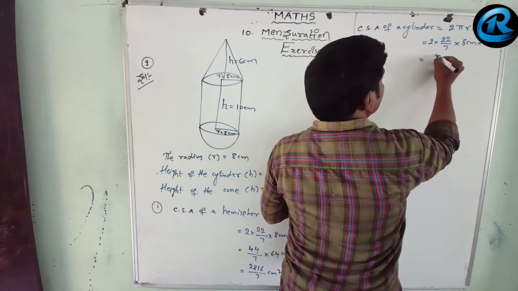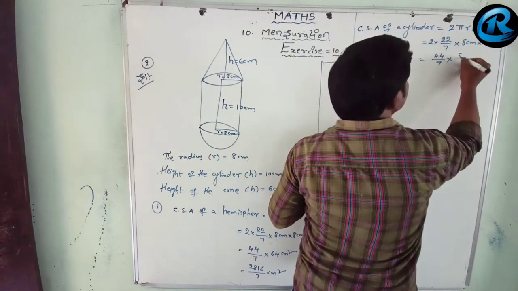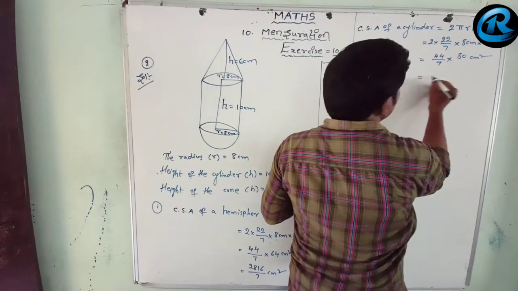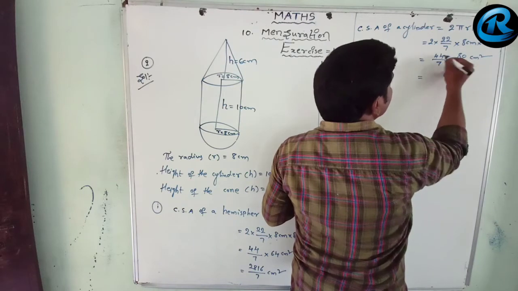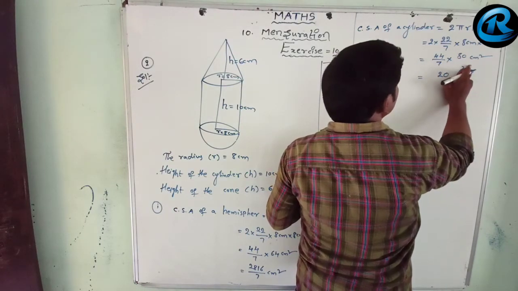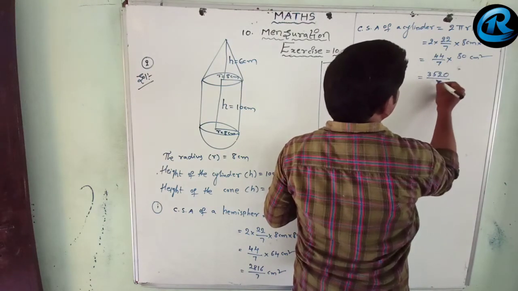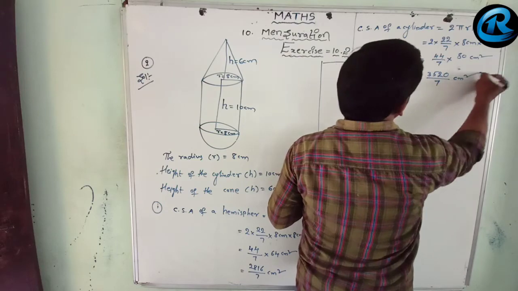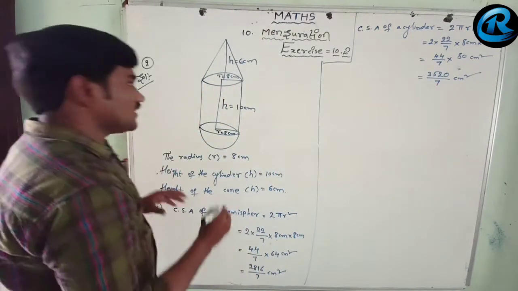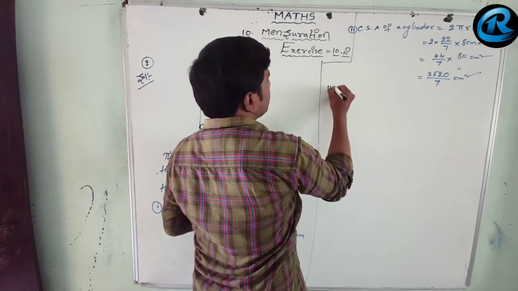Then 2 into 22 is 44 by 7 into 8 into 10, that is 80 centimeter square. So 8 4s are 32, 3 carry, 8 4s are 32 plus 3, 35, giving 3520 by 7 centimeter square, and this is the curved surface area of the cylinder. So the first one and second one are finished. Then we go for the third one.